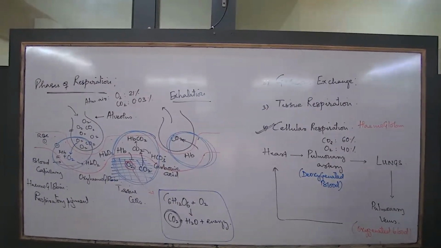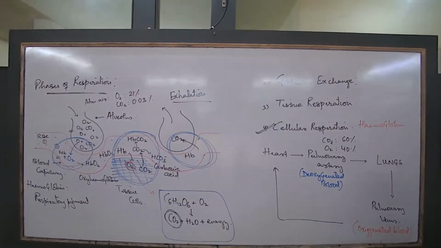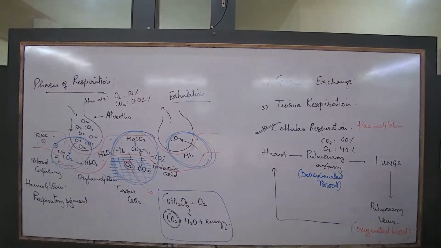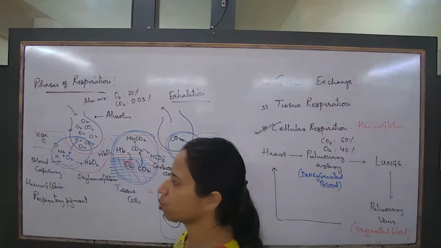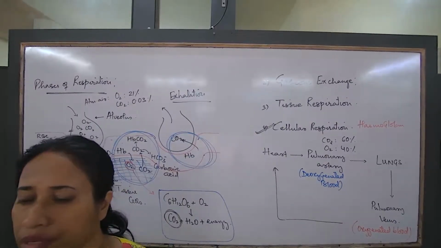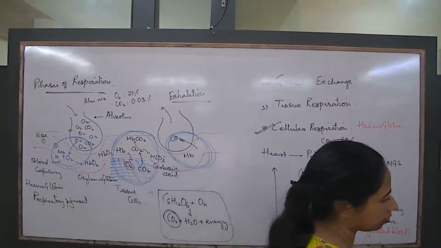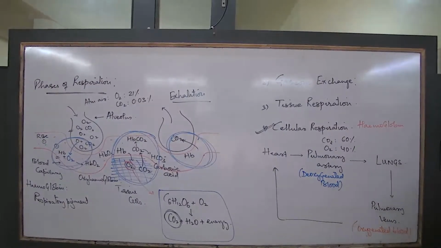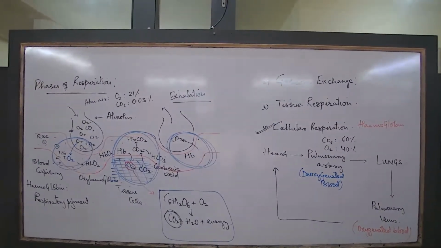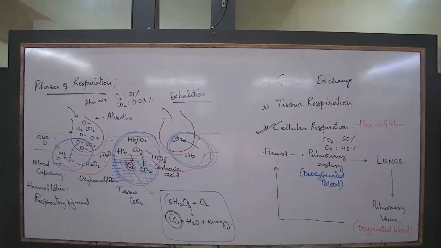A small fraction combines with hemoglobin, forming a temporary compound, and the rest remains in the blood plasma. What is plasma?